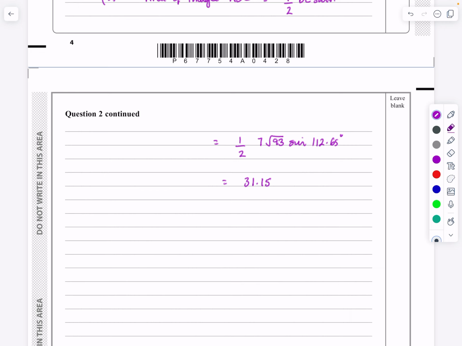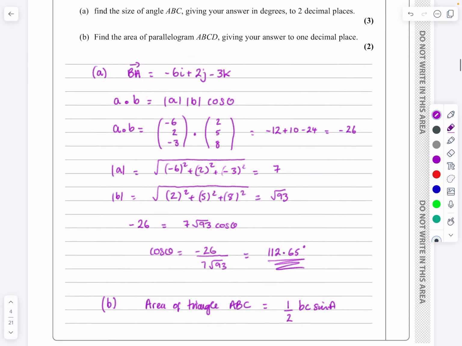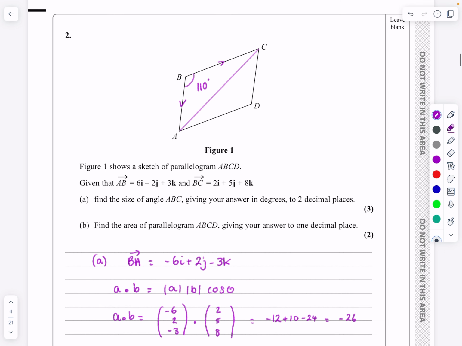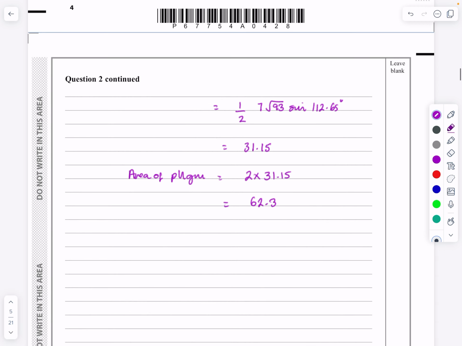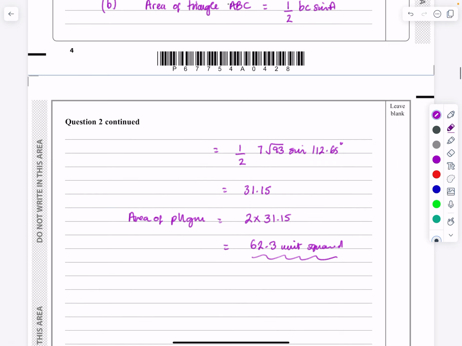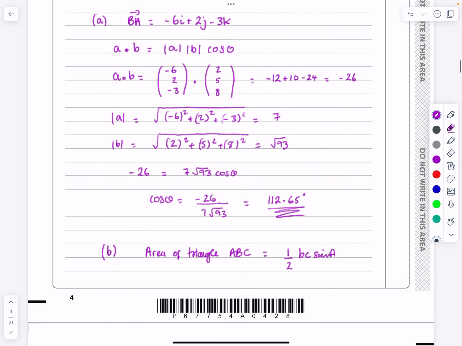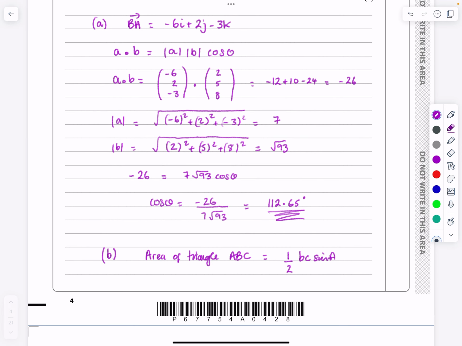So the area of the parallelogram is going to be 2 lots of that, which should give me 62.3. Does it say anything about units? No, so I'll just say units squared. Okay, hopefully that's relatively straightforward, including that little bit of teaching right at the start, and hope that all makes sense.